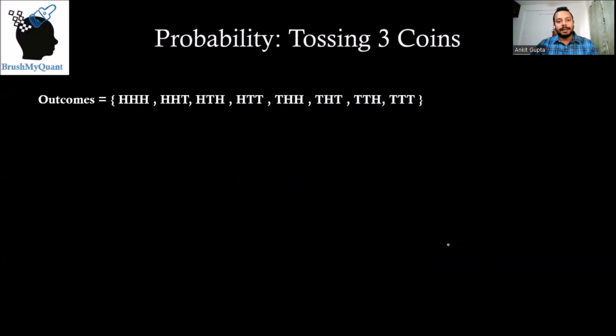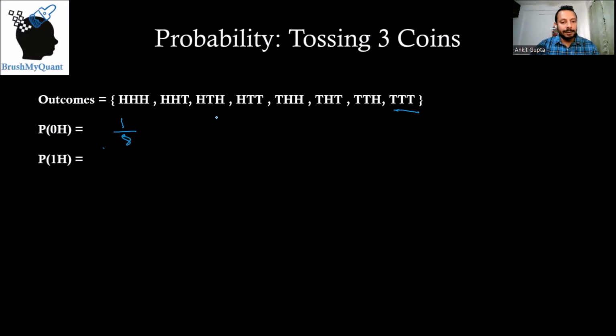Now let's see if we try to find out different types of probabilities, then how do we get those numbers? So if we have to find probability of 0 heads, that means all the 3 outcomes will give us a tail. And we know that there is only one such outcome. So probability of getting 0 heads becomes 1 divided by 8.